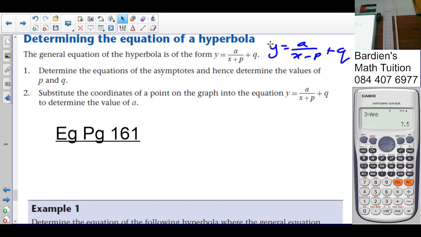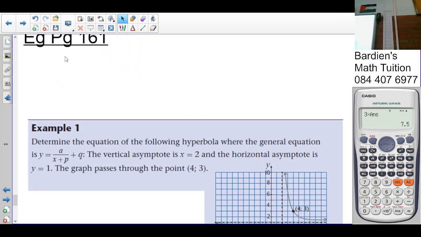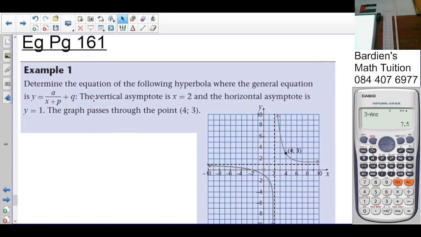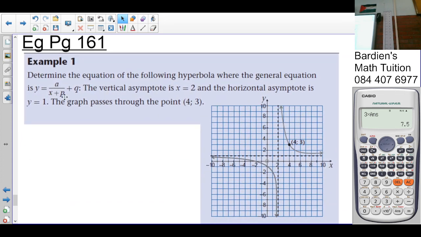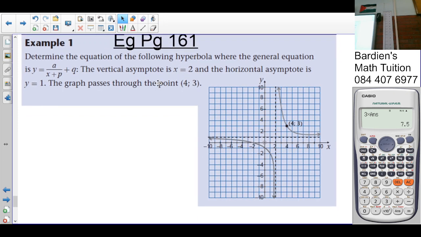Okay. So the example on page 161. We are told to determine the equation of the following hyperbola, where the general equation is y is equal to a over x plus p plus q.